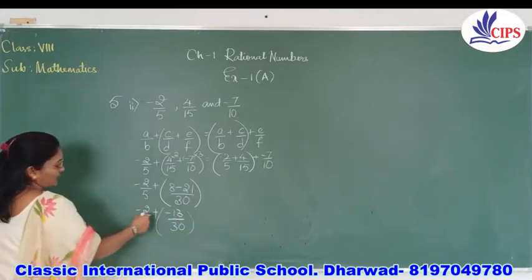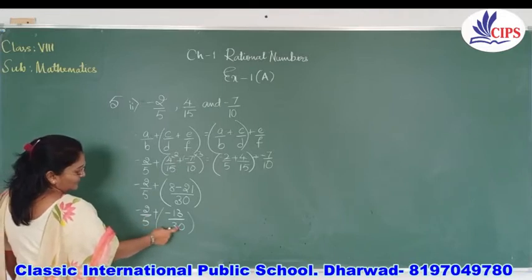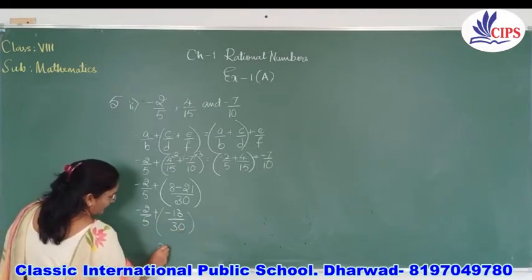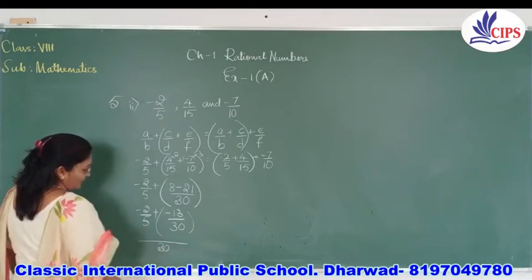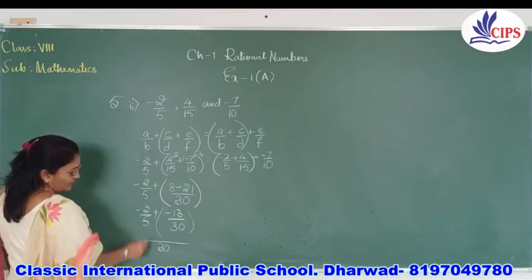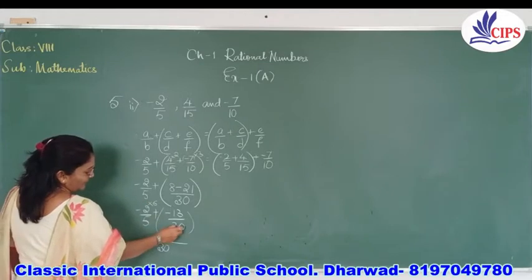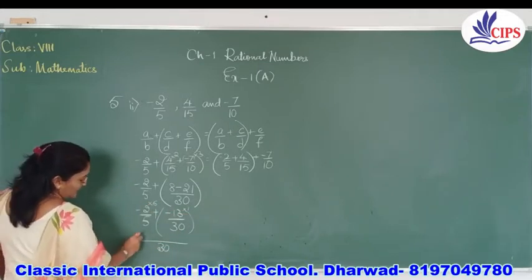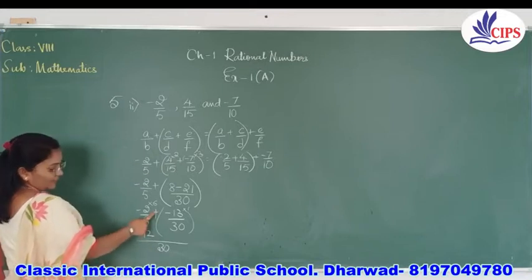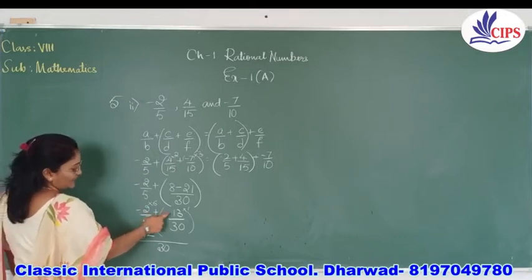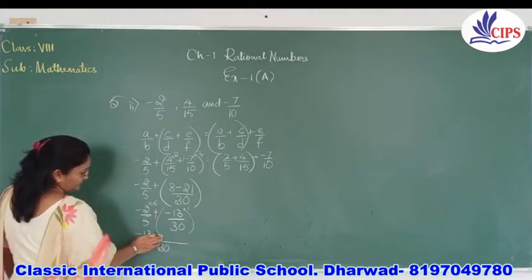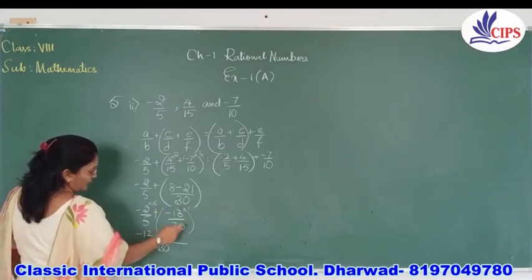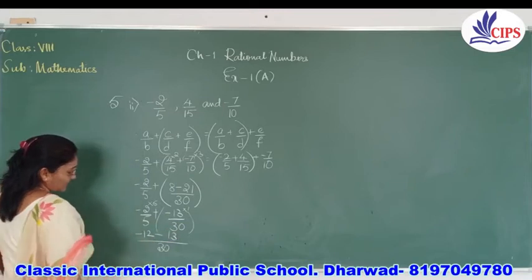Now again we need to add these numbers. So first we'll take the LCM. LCM of 5 and 30 is 30. So I'll write 30 for both. Now 5 sixes are 30, so multiply by 6, and here 30 ones are 30. So minus 2 into 6 is minus 12, and here we have two signs, so we'll multiply them. Plus into minus is minus, and minus 13, 13 into 1 we get 13.